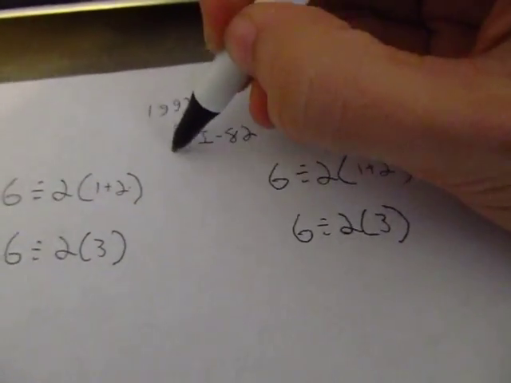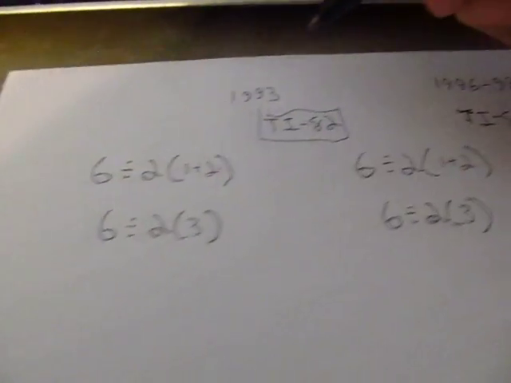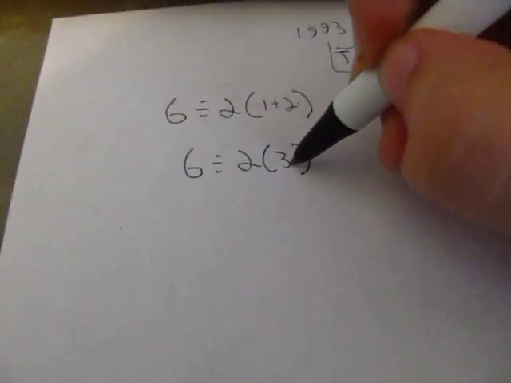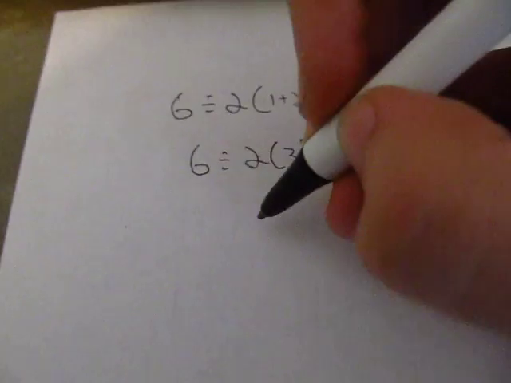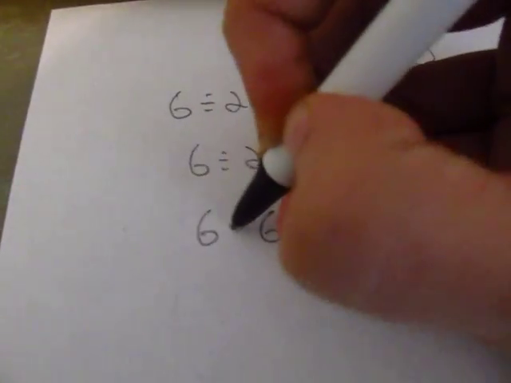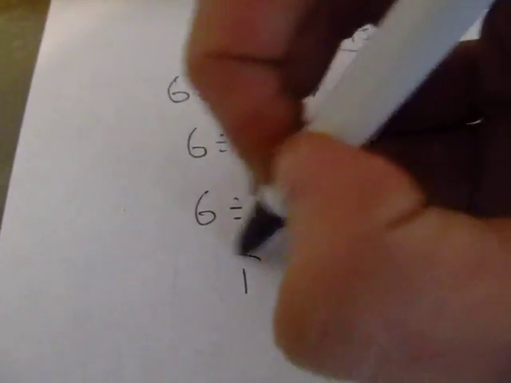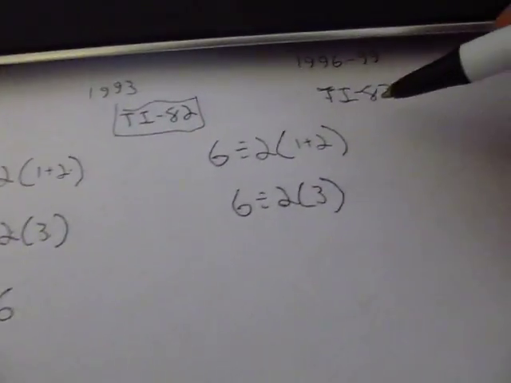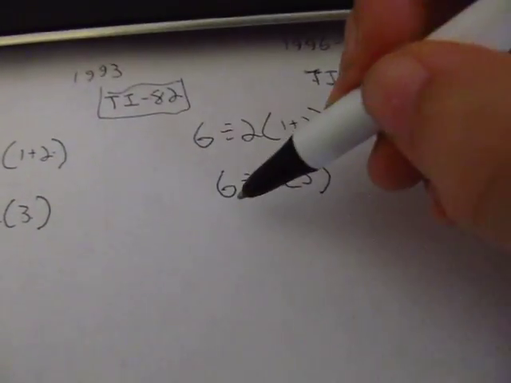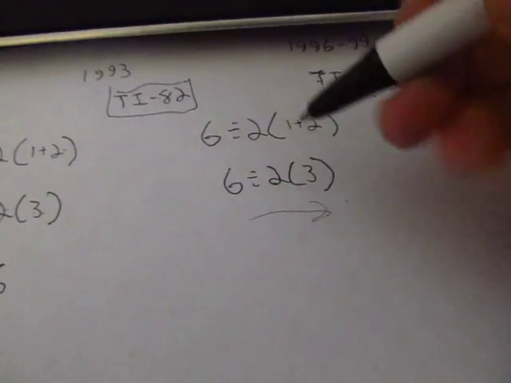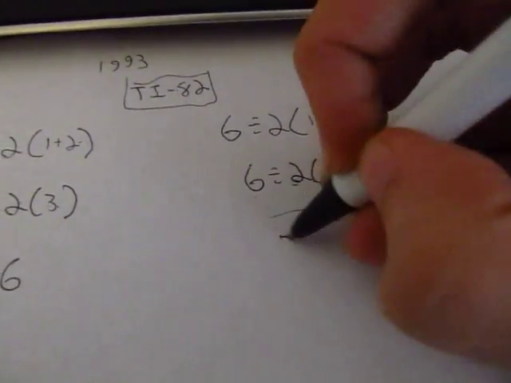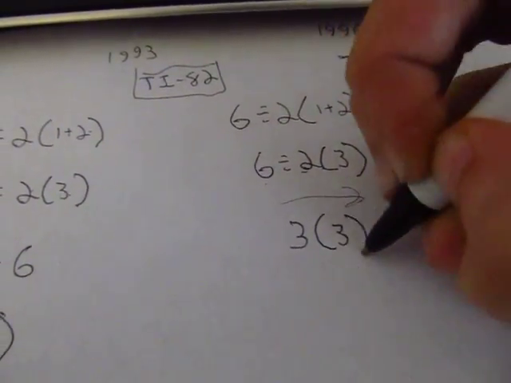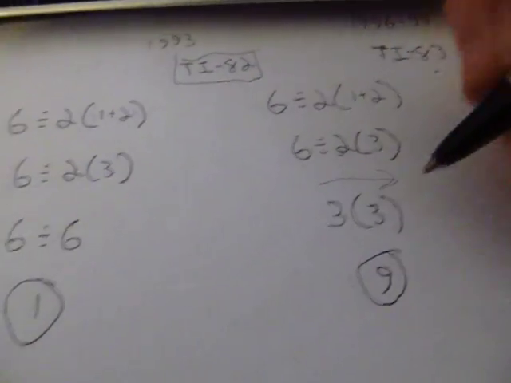I was taught on a TI-82, and here's what the TI-82 does. It does the parentheses first, so 2 times 3 is 6, which equals 1. But the TI-83 goes order from left to right, so it would be 6 divided by 2, which is 3, times 3, which equals 9.